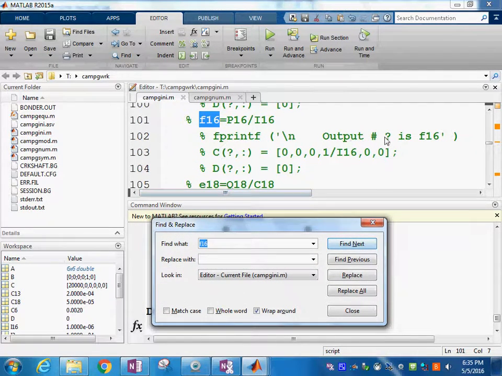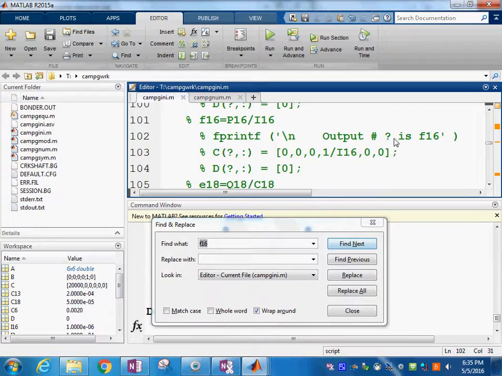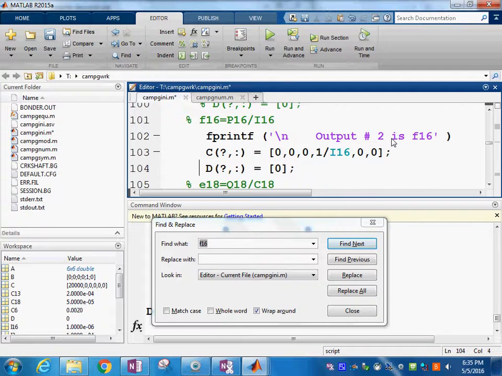This is number 2. And then right here we can say this is 2, and make this row number 2, because I also want to see that. Okay, I'm going to plot 2 outputs now.